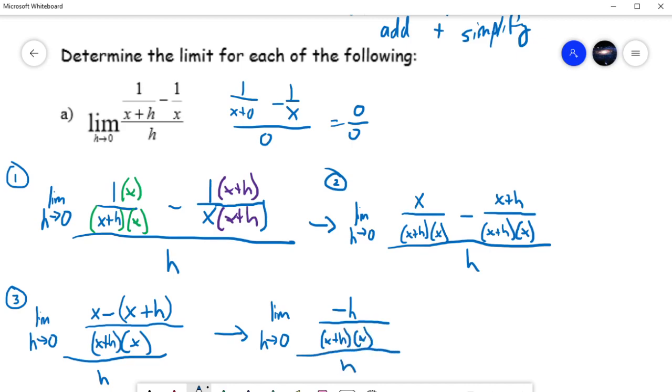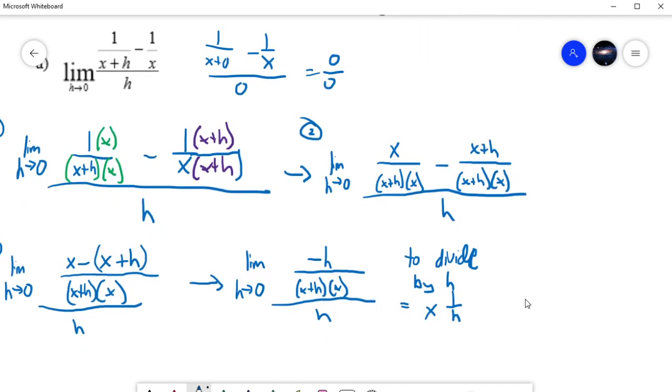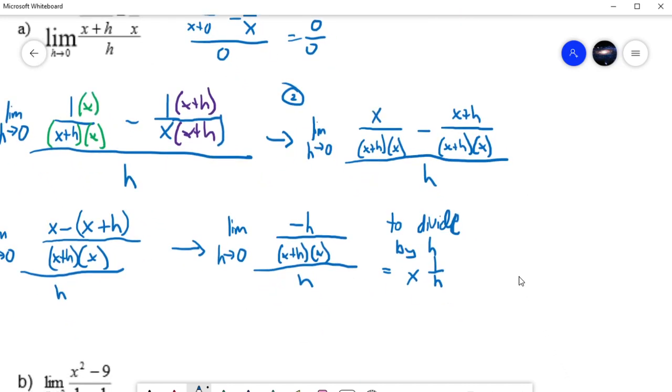Now remember, to divide by h equals to multiply by 1 over h. When you divide by h, you multiply by 1 over h. Let's write it out in words: divide by h equals multiply by 1 over h.